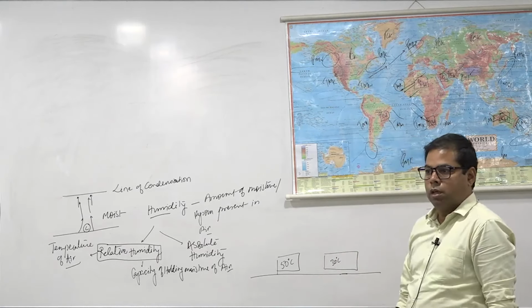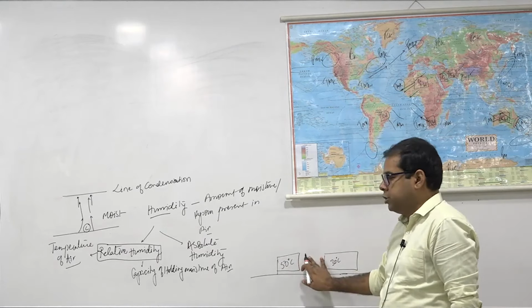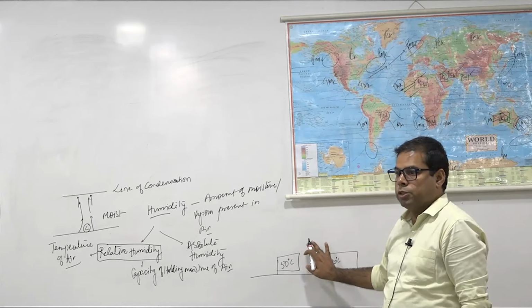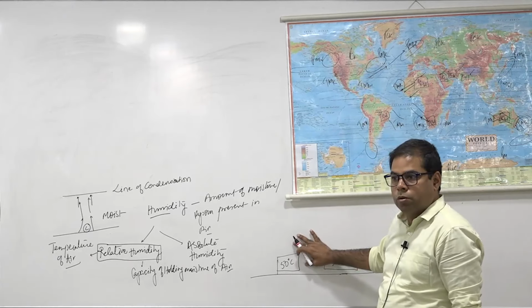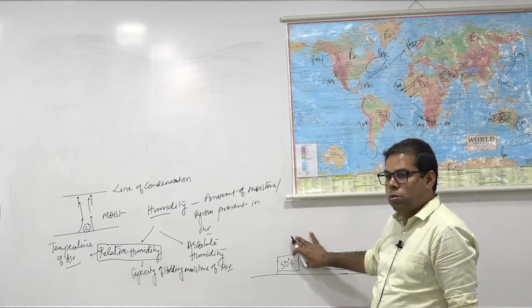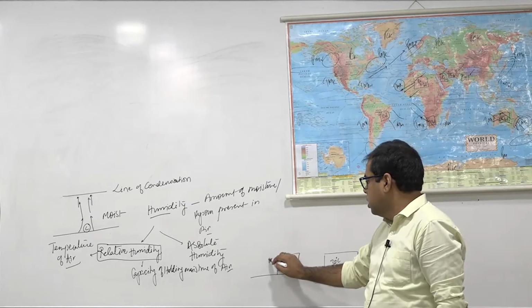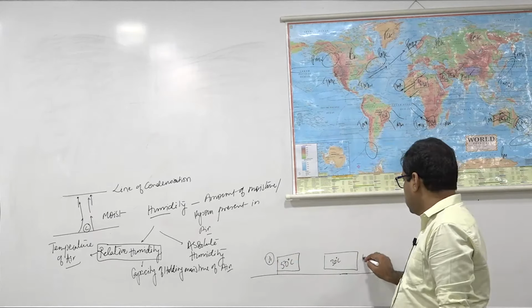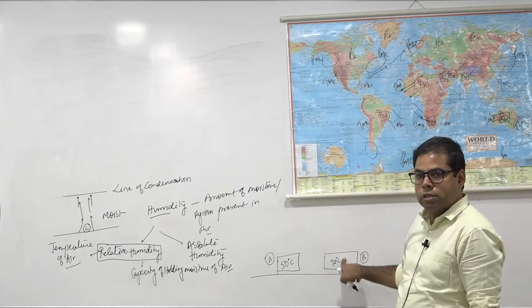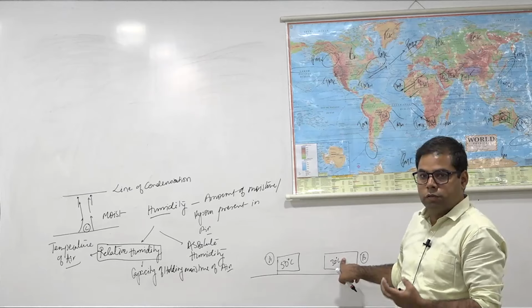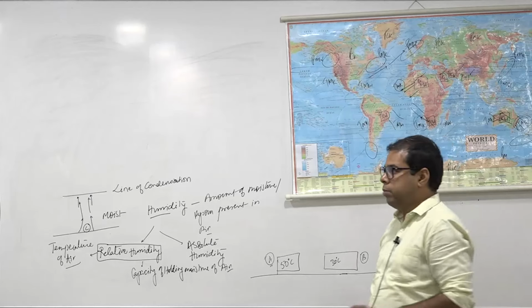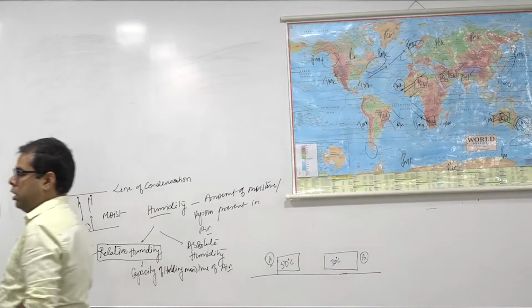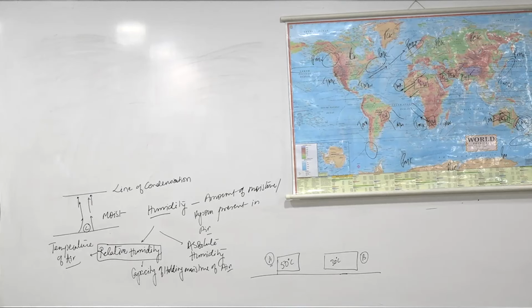So the high temperature area or the air will have more capacity to hold moisture, because molecular distance in the air will be more, warmer, more lighter, in air A. Air B, their molecular distance in the air will be less, so its moisture holding capacity will be relatively lesser in comparison to the air A. So on the basis of the temperature, the air has the moisture holding capacity. That is called relative humidity, right?